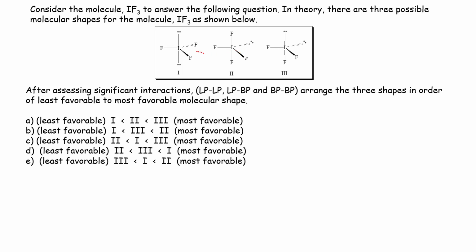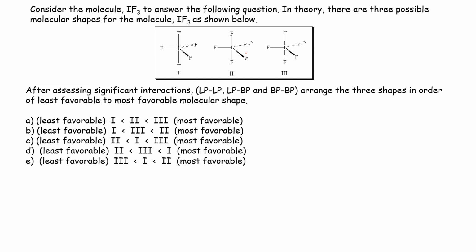Let's go through the 3 shapes now. For each shape, of course, there are 3 bonding pairs and 2 lone pairs. In this case, there is no lone pair interaction because the angle between the 2 lone pairs is 180 degrees.